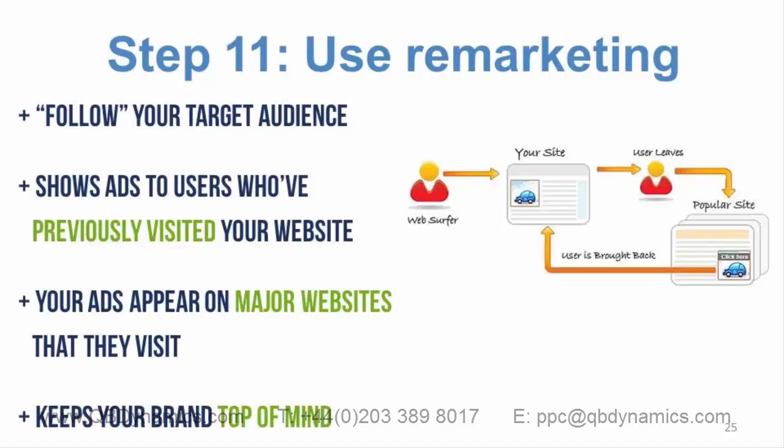Well, if somebody comes to visit your website, you can drop a little cookie into their browser and it will then tell the browser to display your ads as that person is surfing around in other places on the internet. After they've left your site, let's say they go to CNN.com, for example. While they're at CNN.com, they can still see an ad for your brand.